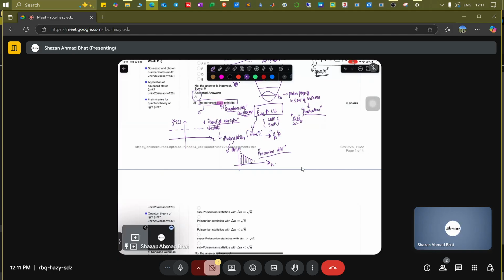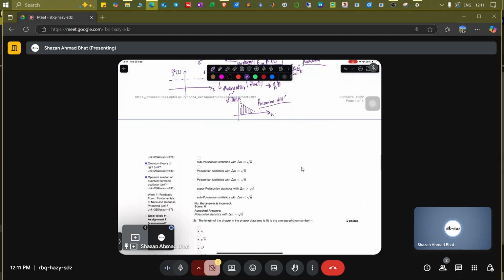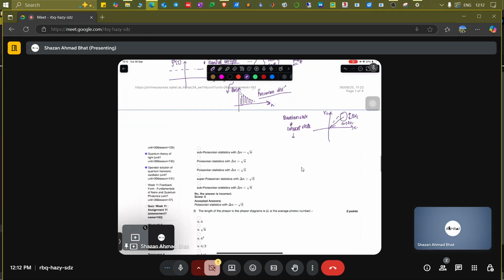Now the same analogy: if you have a quantum state of light which is a coherent state, a coherent state can be described something like this, where these uncertainties are equal and it's a minimum uncertainty state. Then it follows a Poissonian statistics.